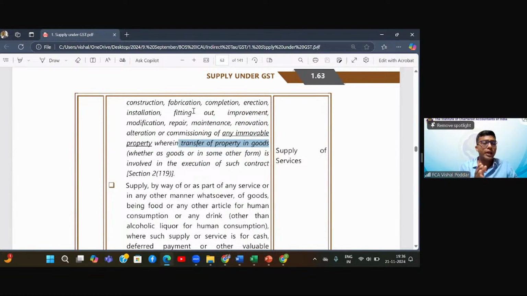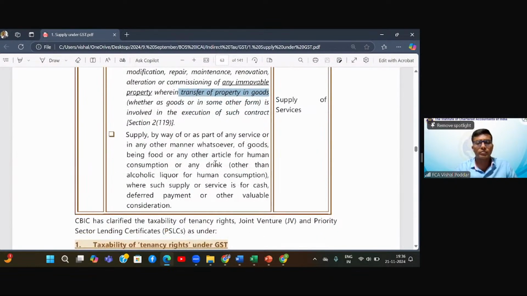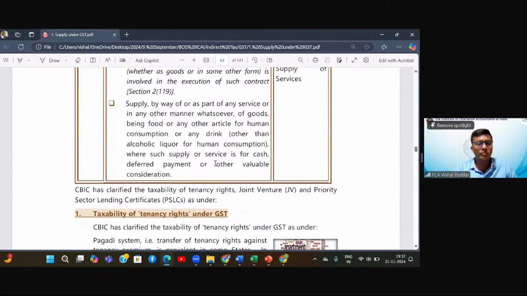So works contract is leading to immovable property, but for constructing, etc. of the immovable property, you require so many goods. All these goods together and applied on that labor makes up the immovable property. Is this fine, Hemant?